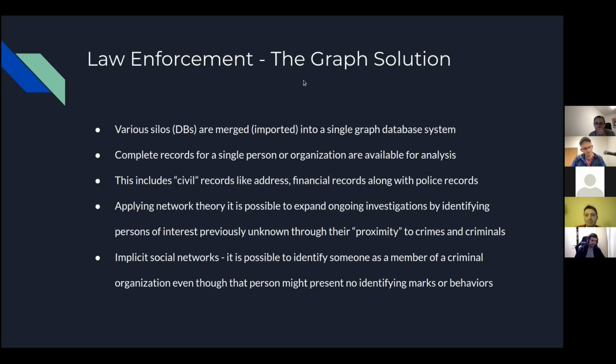Any questions here? Yeah, so basically, you said that they were importing regular databases into the graph databases, but if, for example, one of them didn't have a location of the suspect, where he was moving or whatever, that wouldn't help them, right?